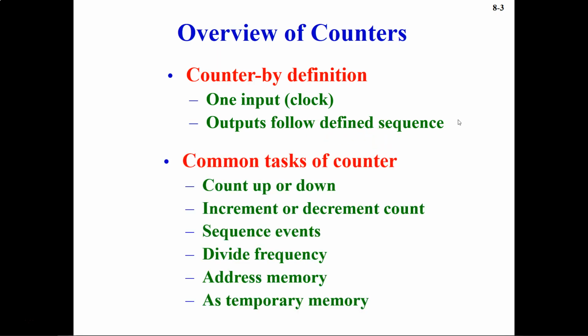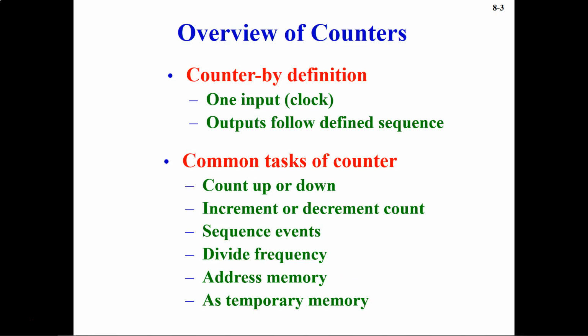Now let's see what the common tasks of a counter are. You see a list of tasks which a counter can perform: count up or down, increment or decrement count, sequence events, divide frequency, and address memories as temporary memory. Almost any complex digital system contains several counters, and the very common function of the counter is to count the events or period of time or put events into sequence.